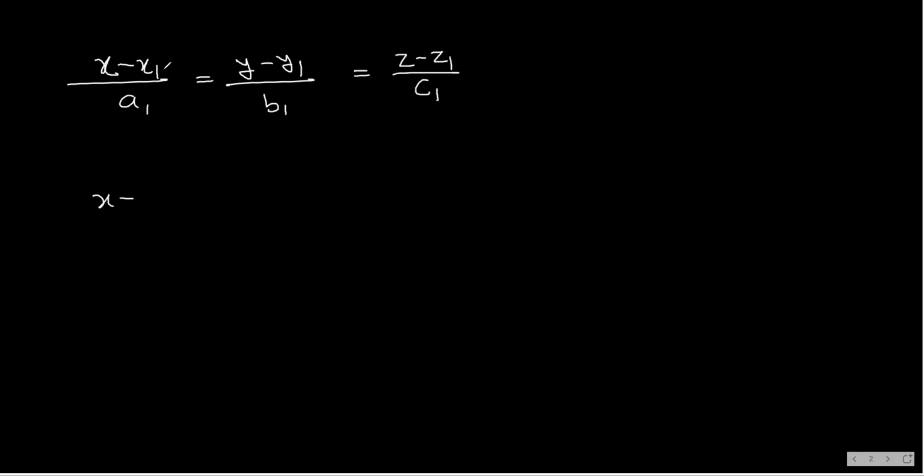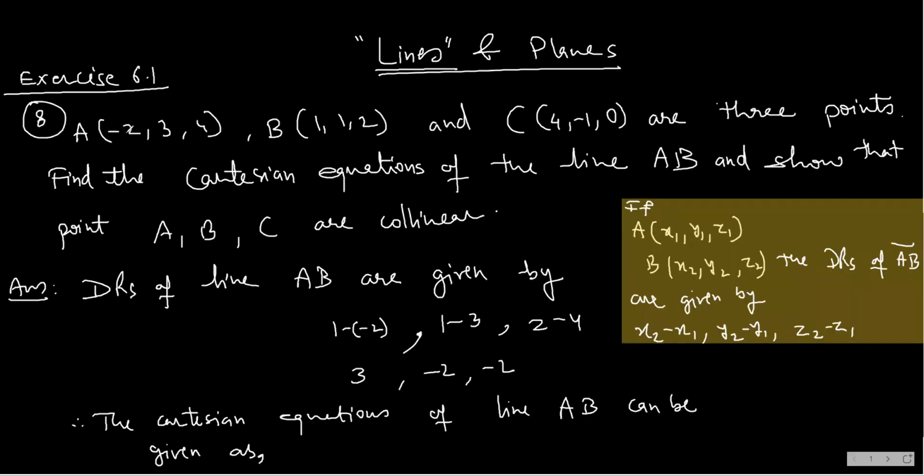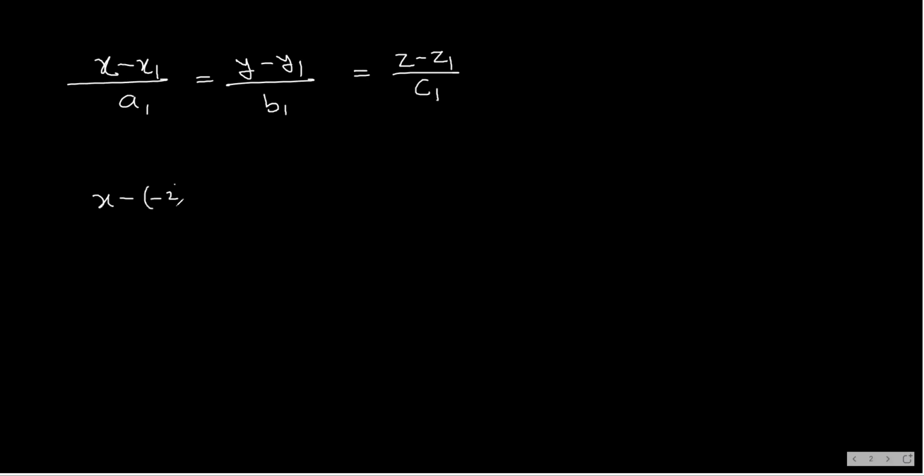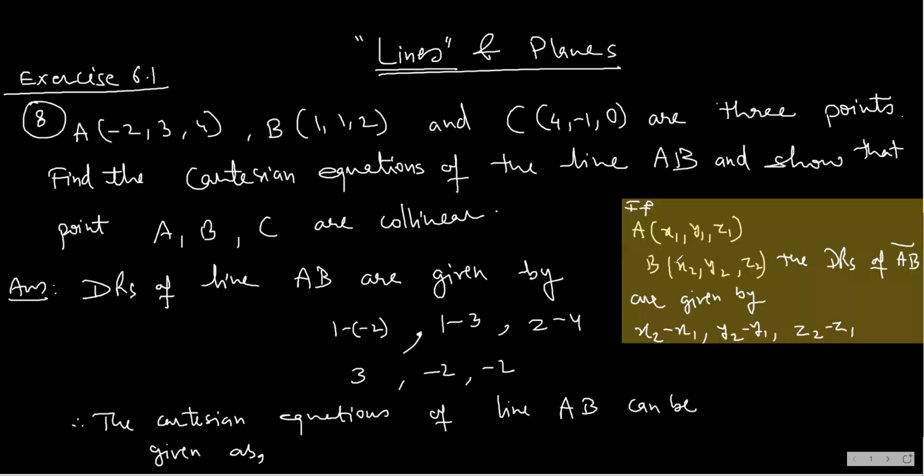So x minus x1, what are x1, y1 and z1? They are the coordinates of a point on the line. So we will take that point as A. So x1, y1, z1 are -2, 3, 4. So x minus of -2 upon a1. What are a1, b1, c1? They are the DRS. So the DRS is 3, -2, -2.